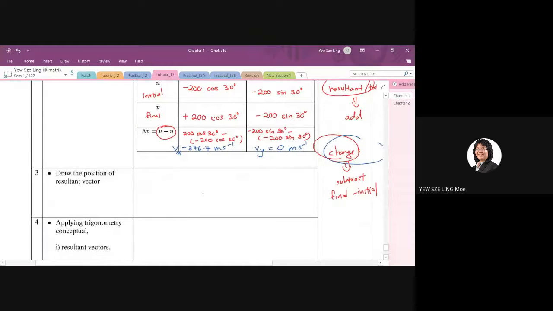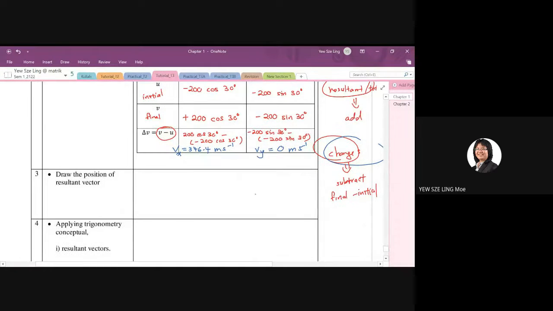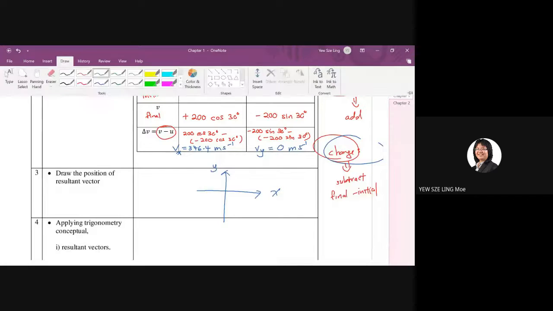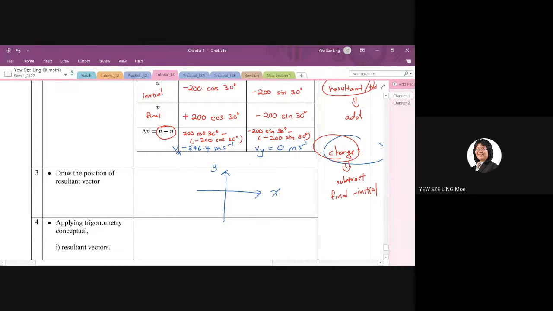For the resultant vector, again we have an x and y plane. Next, we are going to draw it. Based on the answers given, I have only Vx that is a non-zero value. Vy is equal to 0, which means my resultant vector doesn't have any y component.